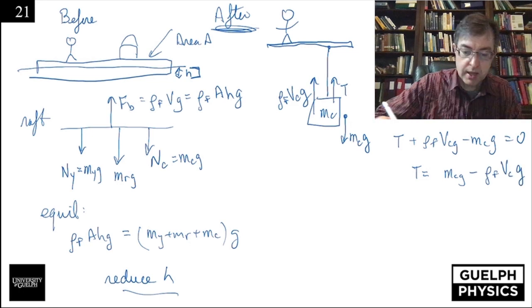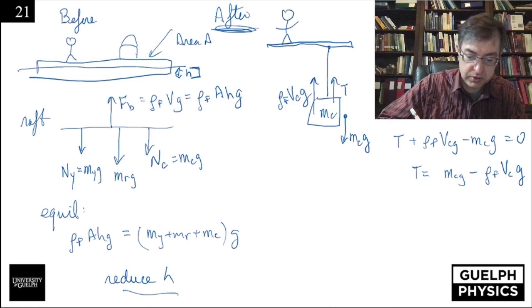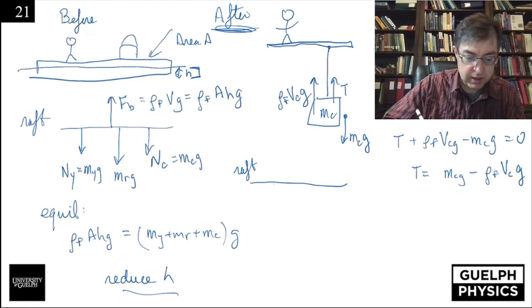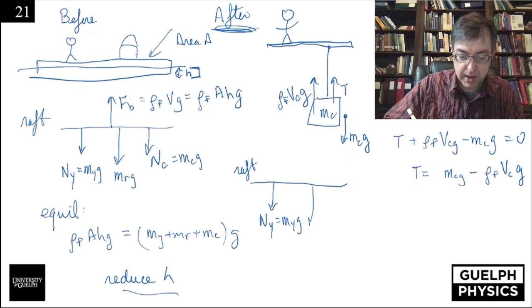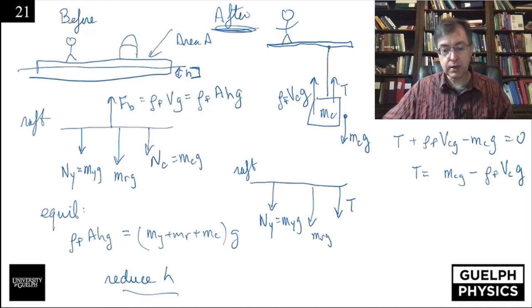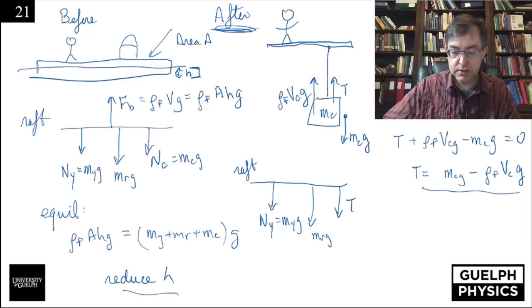And then I look at the free body diagram for the raft. There's still the normal force from you acting down, which is M_Y G. There's still the mass of the raft acting down, M_R G. There is now a tension force coming from the string acting down, which is given by this.